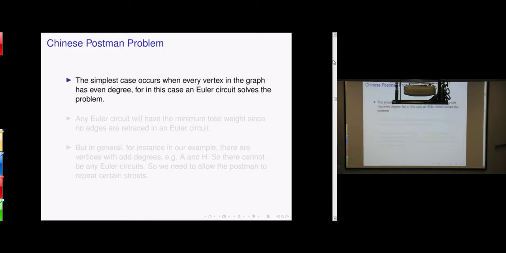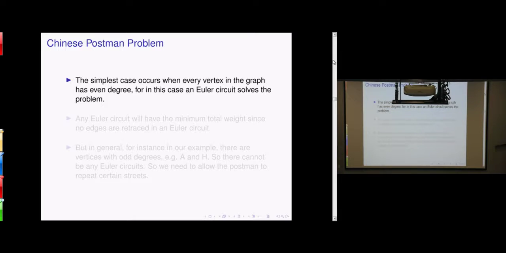Okay, so let's analyze the problem. The simplest case occurs when every vertex in the graph has even degree, because in this case there's an Euler circuit. The Euler circuit will solve the problem because you have to cover every edge once.